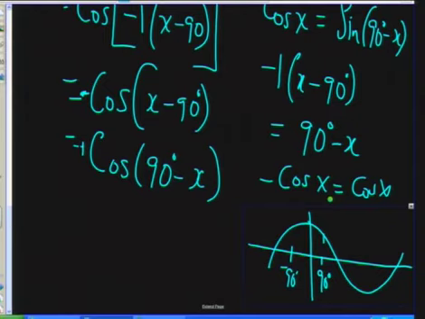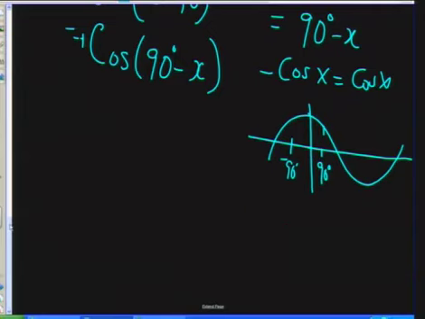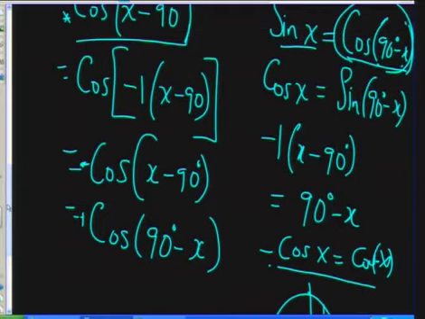I can utilize the fact that cos of negative x would be equal to cos of x. That's the relationship that I'm using here, to say cos of negative x minus 90 would be equal to cos of 90 minus x, sorry. So we have a situation now where we can say cos of 90 degrees minus x.